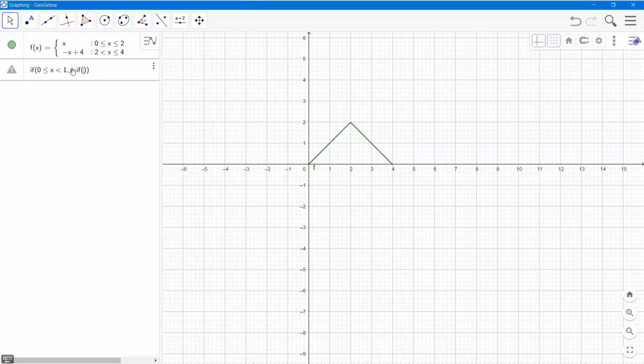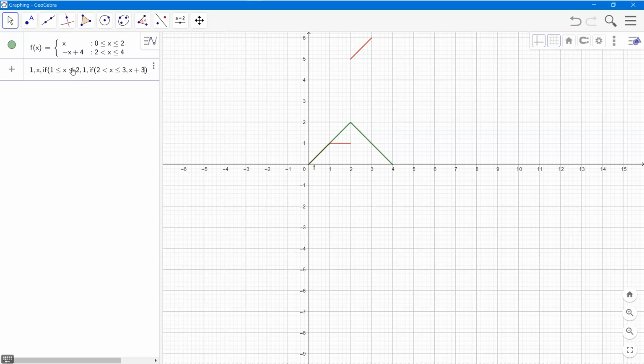If 1 is less than or equal to x, which is in turn less than or equal to 2, then 1, else 2 is less than x, which is in turn less than or equal to 3, then x plus 3.